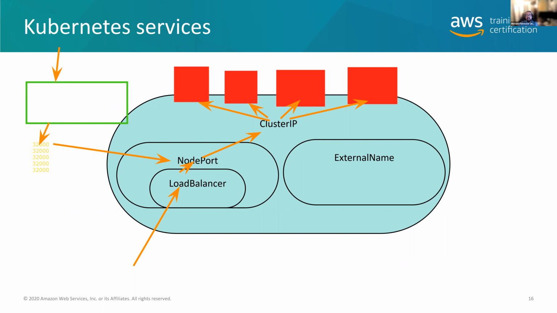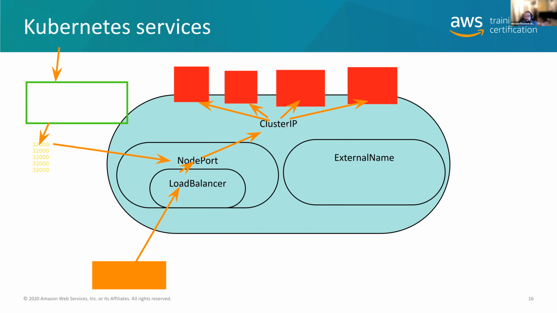If you add an ingress, which is very much typically a separate device, that's going to hit the load balancer, which is going to hit the node port, which is going to hit a cluster IP address. The load balancer is usually exposed externally with your cloud provider's device. If the cloud provider has a load balancer type, that's usually what happens.